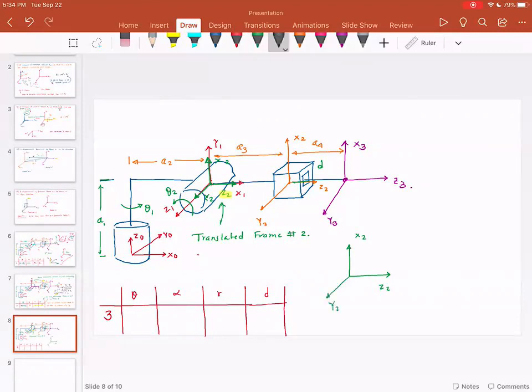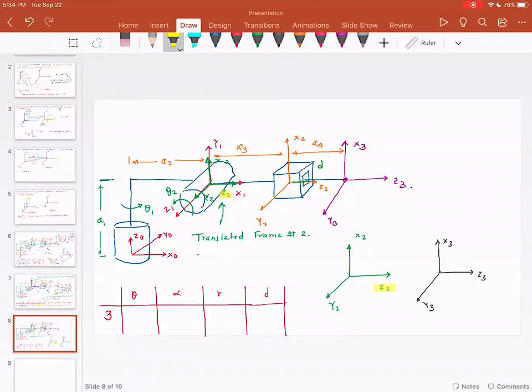and the second frame is Z3, X3, Y3. Now I'm looking at the rotation about Z2 so that X3 and X2 get aligned.